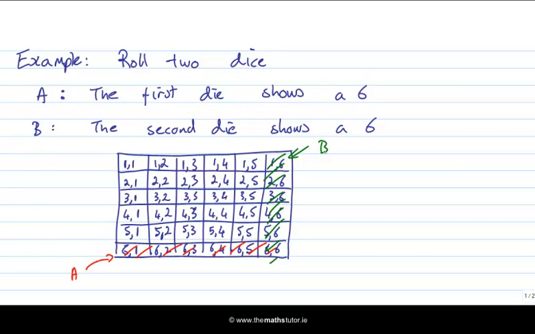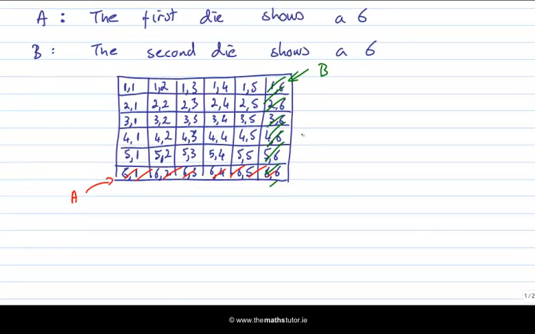Now there are various ways that we can combine these events. We can create new events by combining A and B. Let's look at a couple of examples. We could consider the event which is A or B. In other words, either the first die shows a 6 or the second die shows a 6.